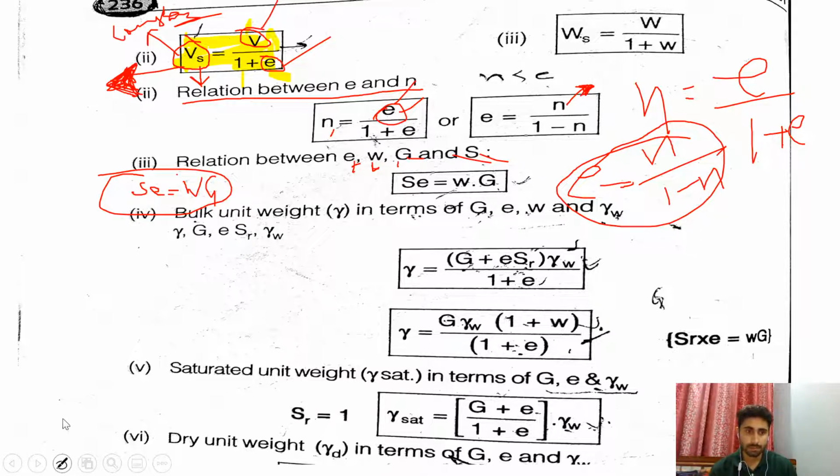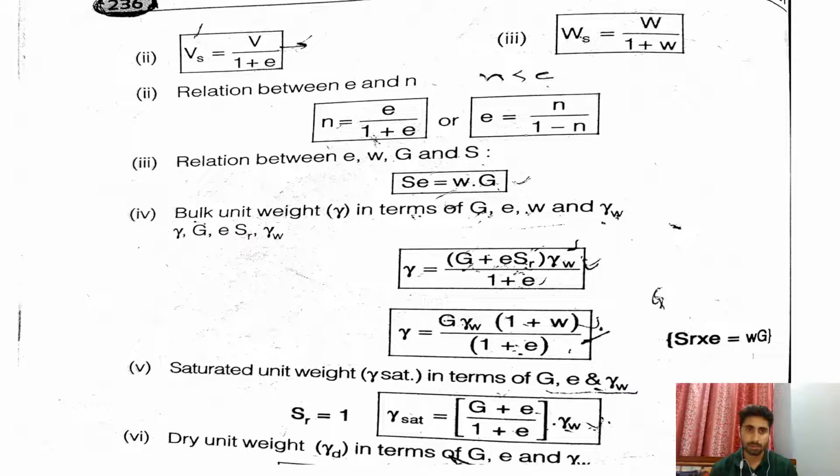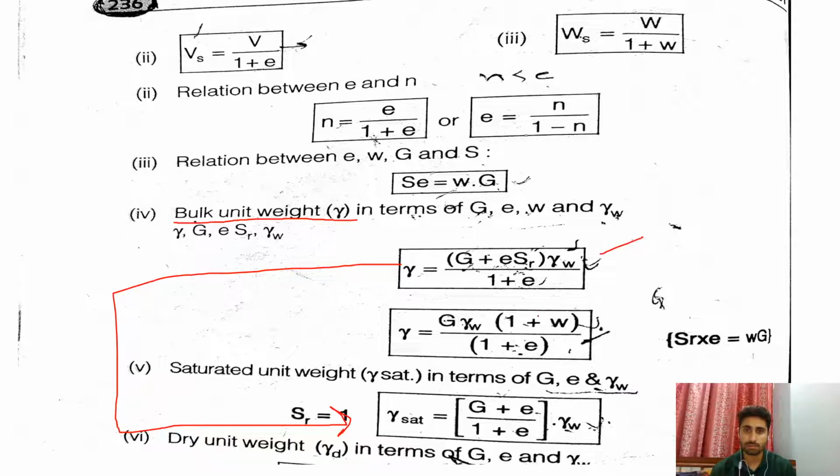Okay. Now the relation to find bulk unit weight from G, e, w and gamma w. These two equations are relevant. You just learn this one and you can easily find the other. So bulk unit weight can be found as (G plus S e) into gamma w upon 1 plus e. Remember this.